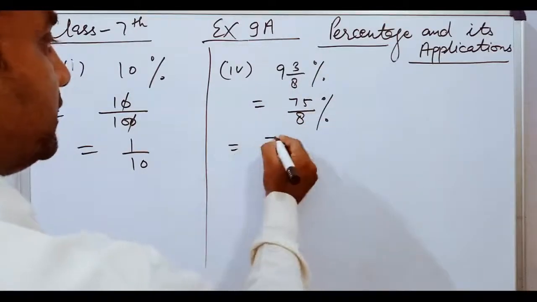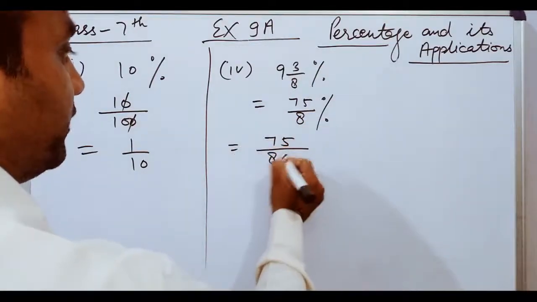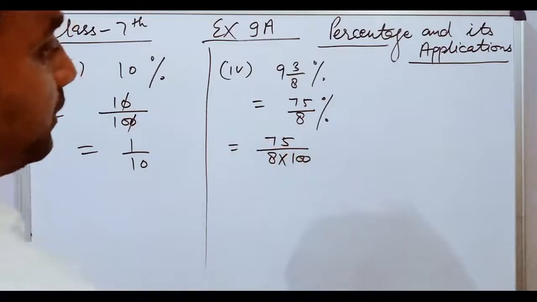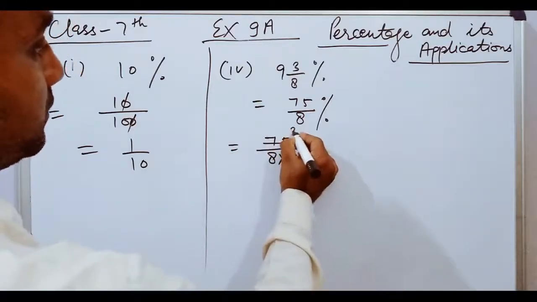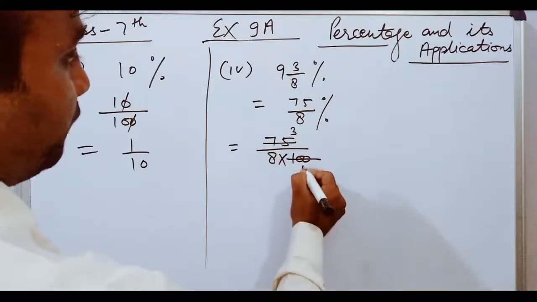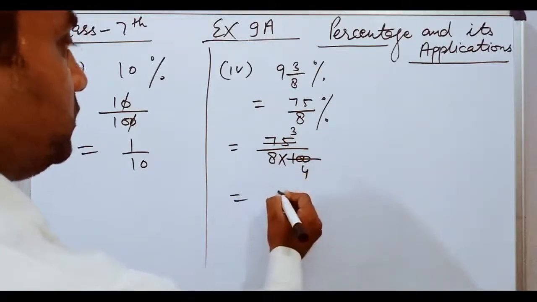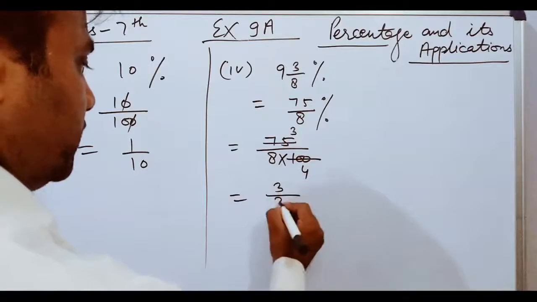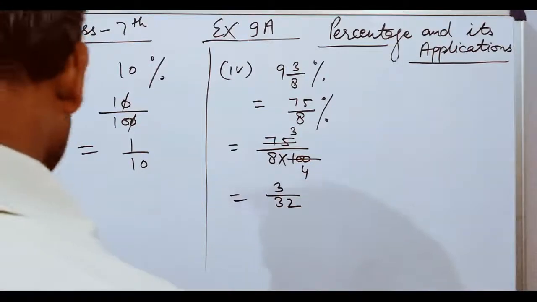Okay, percentage means upon 100, divided by 100. Okay, 25 3s are 75, 25 4s are 100. Now 3 upon 32. Okay, dear students.